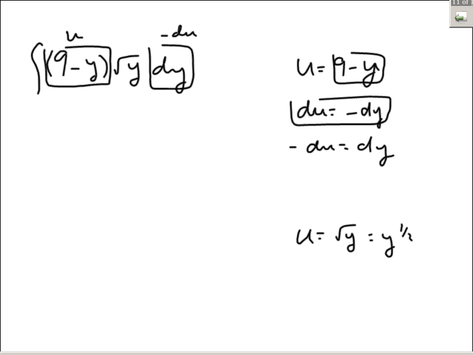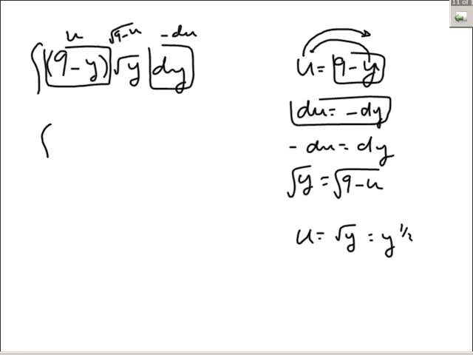Well, you can do that, but then you're going to get into a jam, I suspect. If you bring this over to the left side, it'll be positive, and you bring that over, because you want y alone. So y will equal 9 minus u. So square root of y is square root of 9 minus u. So what we have here is the integral of square root of 9 minus u times negative du. The negative you can bring out in front if you prefer.